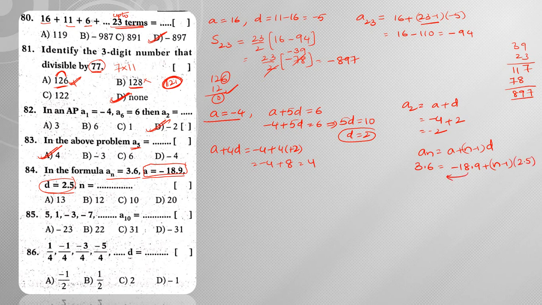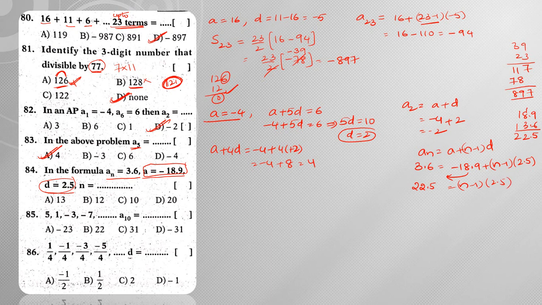When you transpose this minus 18.9 to the left hand side, it becomes plus 18.9 plus 3.6. So what is the value of 18.9 plus 3.6? 9 plus 6 is 15, 8 plus 9 plus 1 is 18, 3 plus 1 is 4... so 22.5. So this gives me 22.5, which is equal to N minus 1 into 2.5.